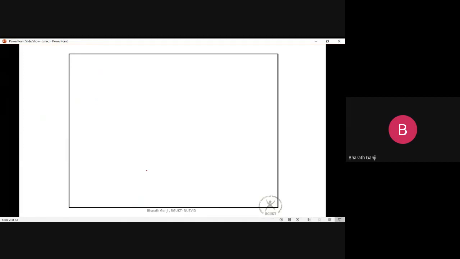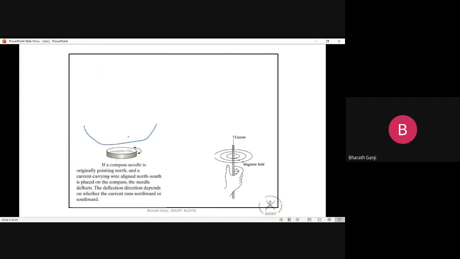And in fact, what they observed is that for a current carrying wire, if you put a compass beneath it, the compass will always orient in the direction of the current carrying wire.